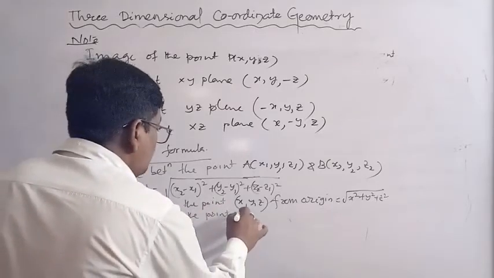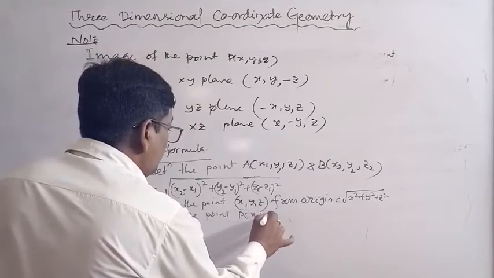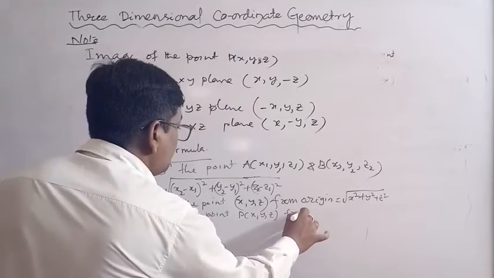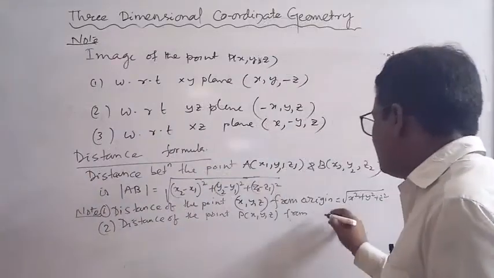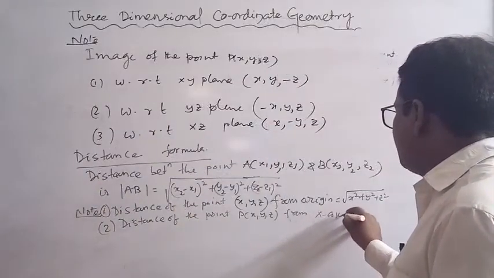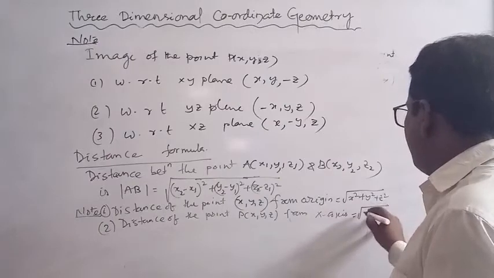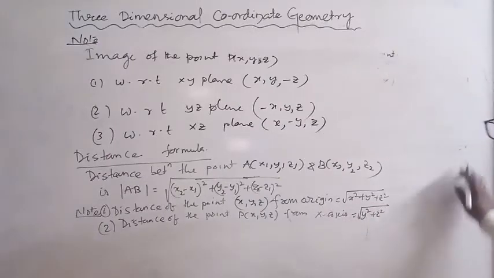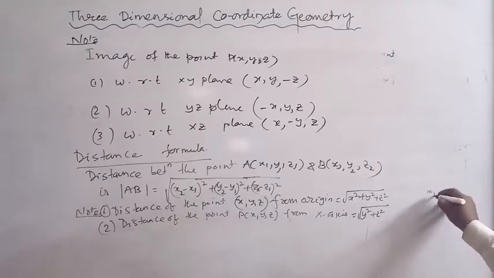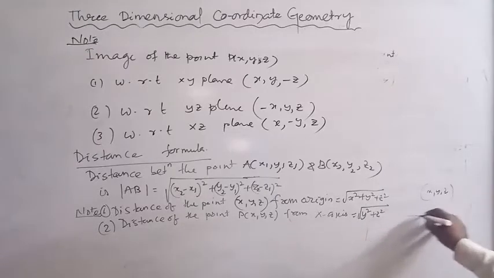Note 2: the distance of the point P(x, y, z) from the x-axis is equal to root over y square plus z square. Why is it obtained? Suppose this is P(x, y, z) and this is the x-axis.